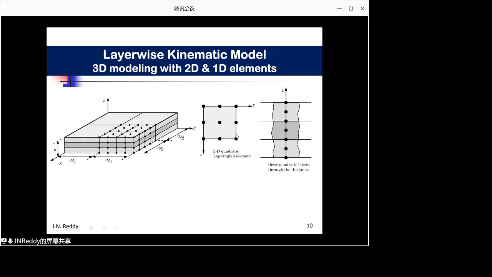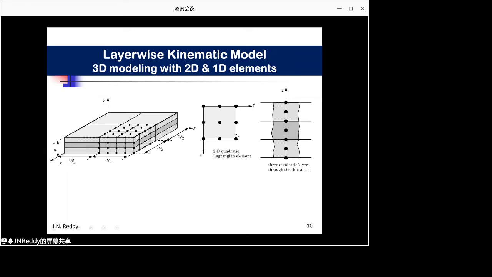Whereas FSDT through equilibrium, CLPT through equilibrium, will give these, but they are going to be in error. And CLPT has much more error than first order shear deformation theory. Whereas if you use the constitutive law, they will give a constant value through each layer.